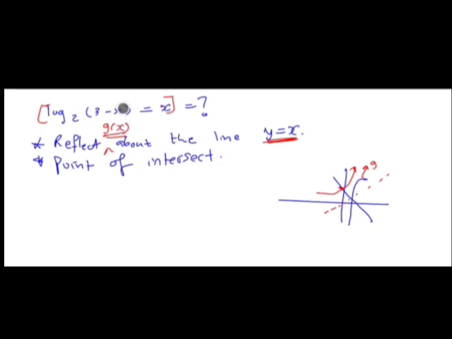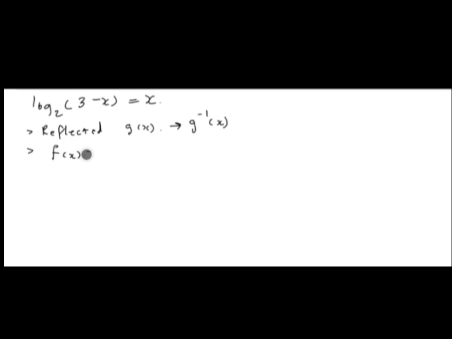That will enable you to equate the two functions. The way to solve this equation here would mean that this is the point of intersection. So we have a point of intersection between the reflected function g of x, which is none other than the inverse actually, and the function f of x, which is minus x plus 3, which can be rearranged as 3 minus x.